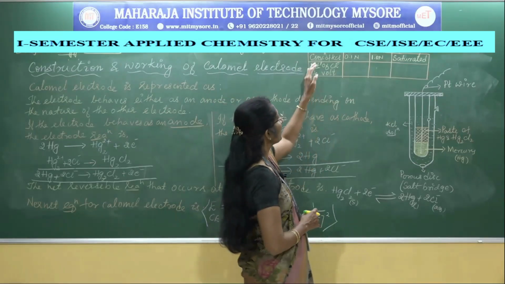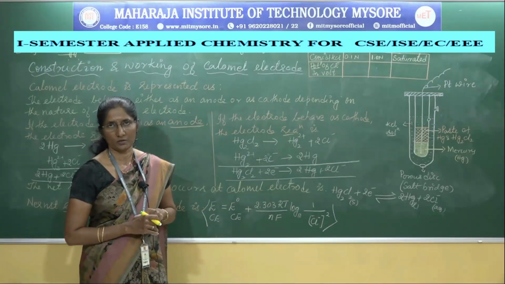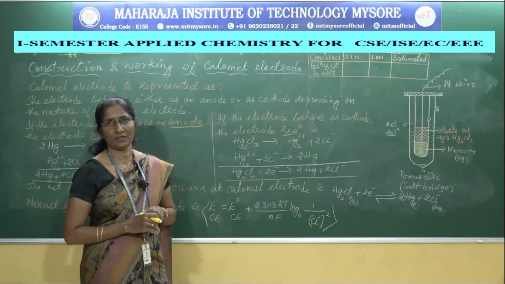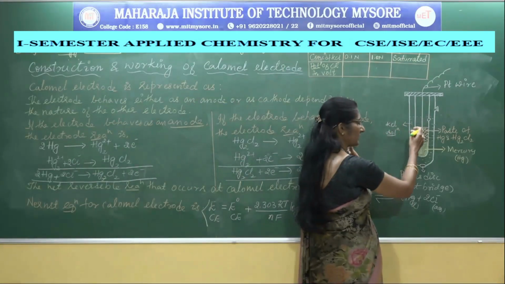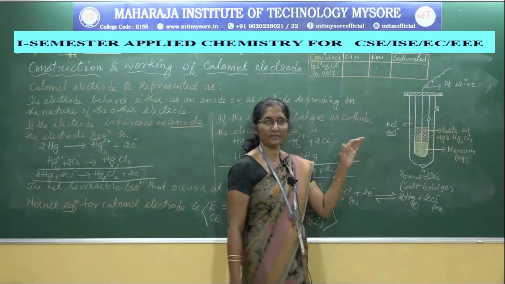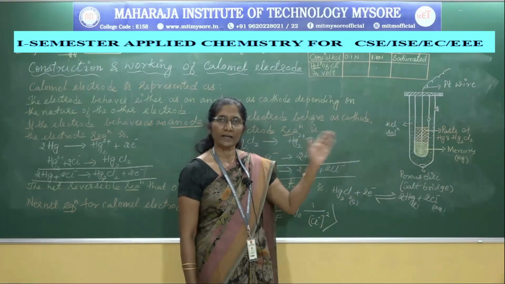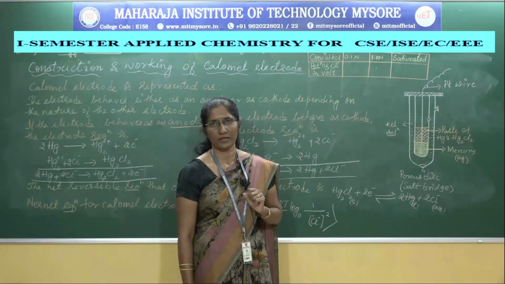For example, if the concentration of KCl solution taken is 0.1 normal, it is known as decinormal. If the KCl solution filled in this electrode is 0.1 normal, then that electrode is known as a decinormal calomel electrode.